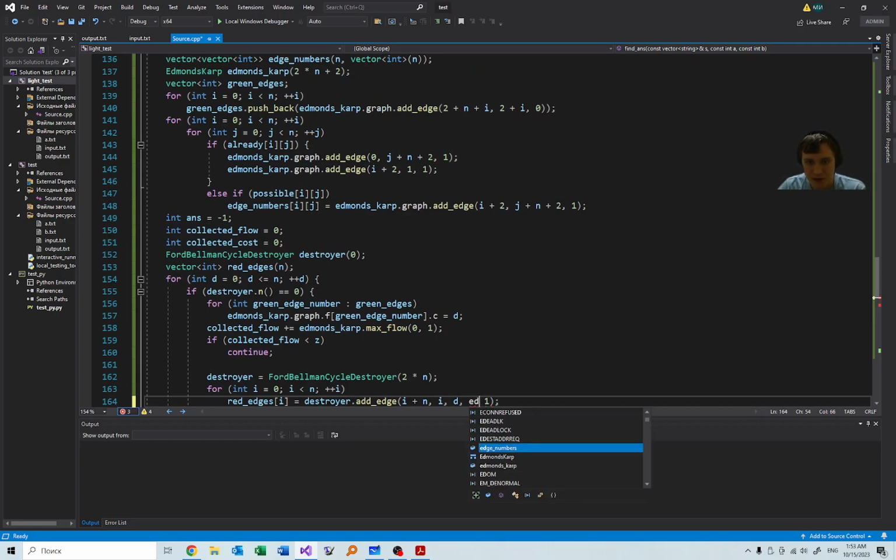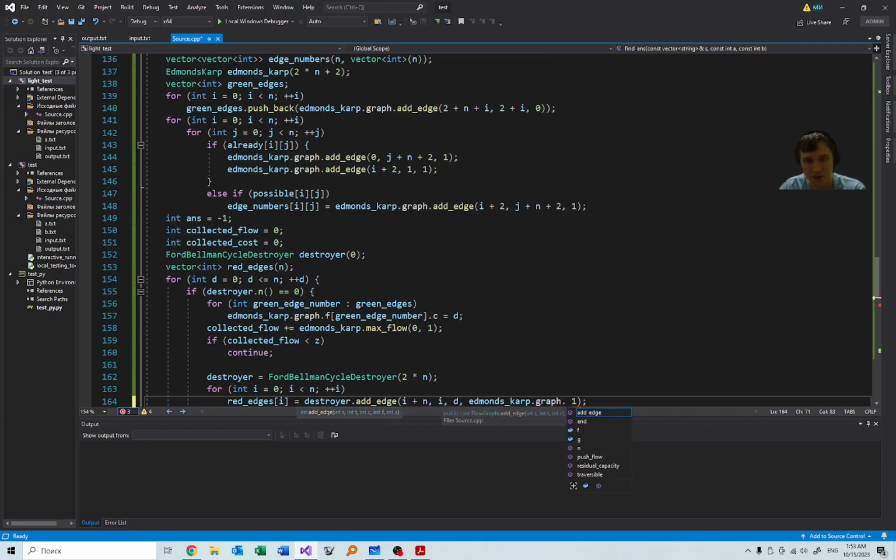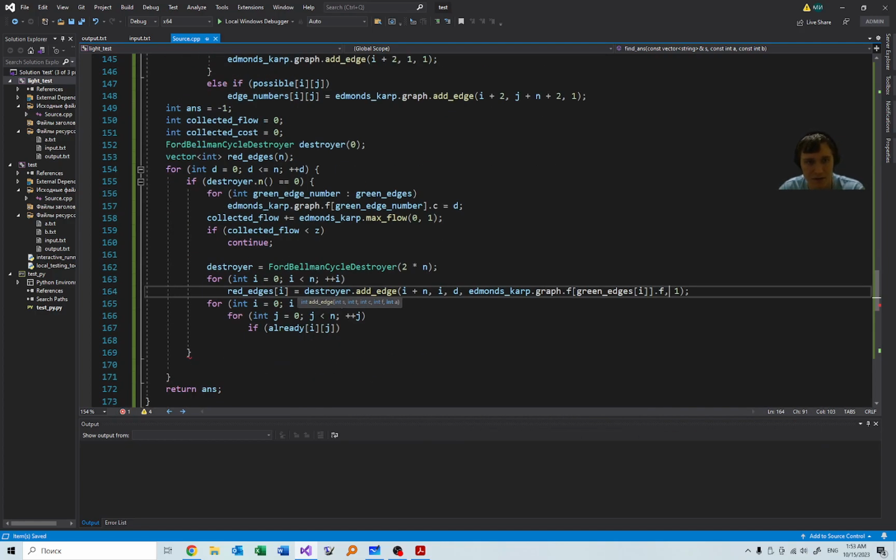Here I pass Edmonds-Karp dot graph dot f green edges I dot f. Yes.